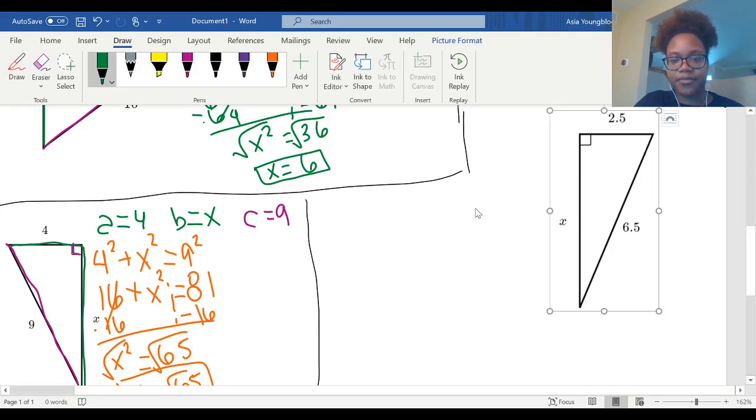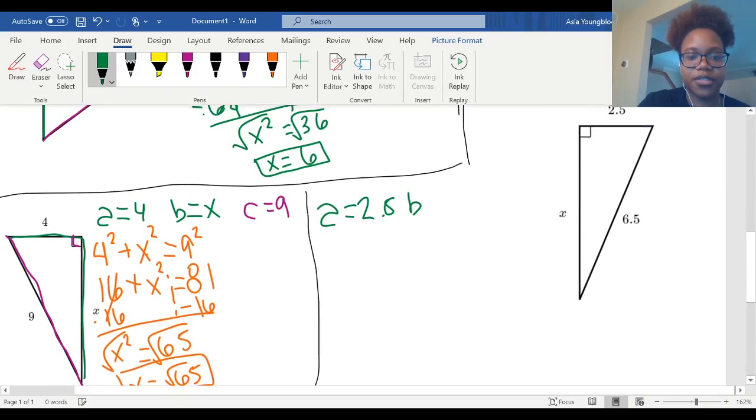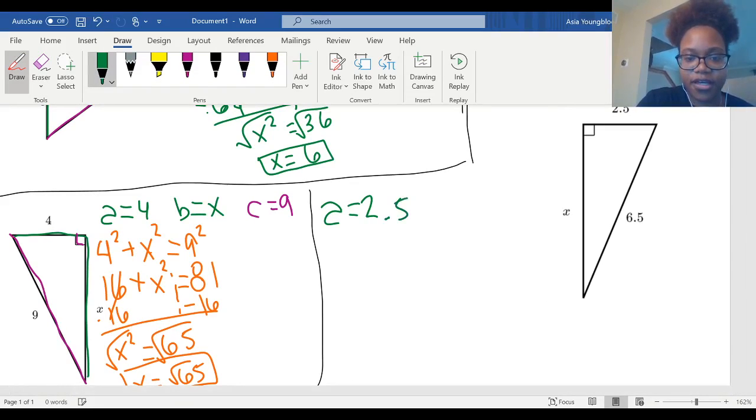In our next problem, we're given this triangle. The two legs are the two sides making our right angle, 2.5 and x.